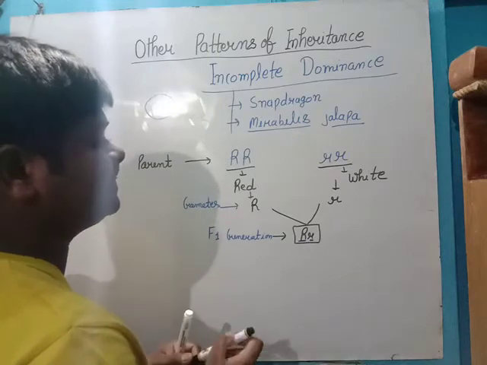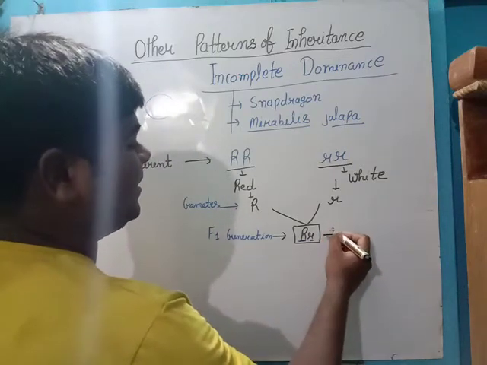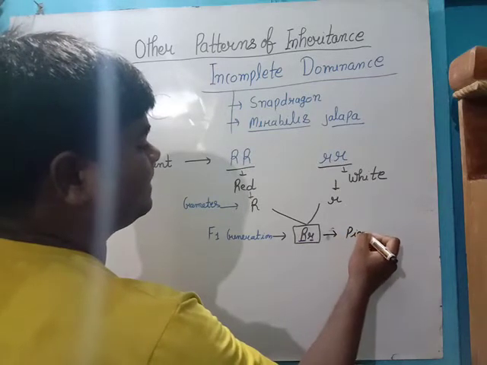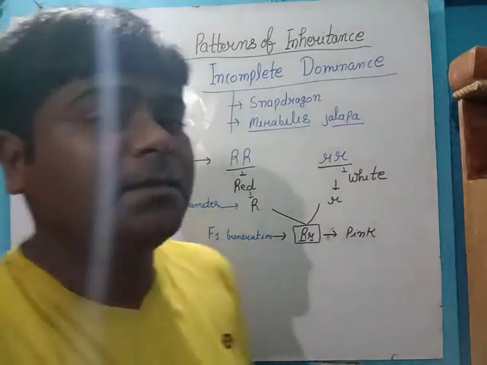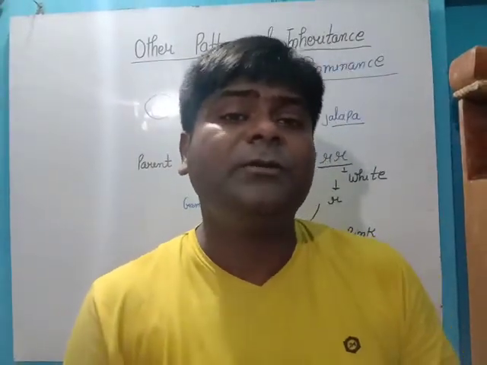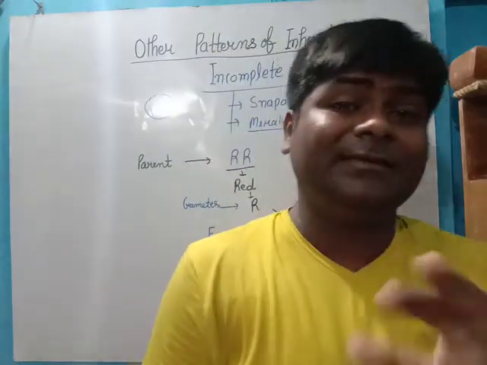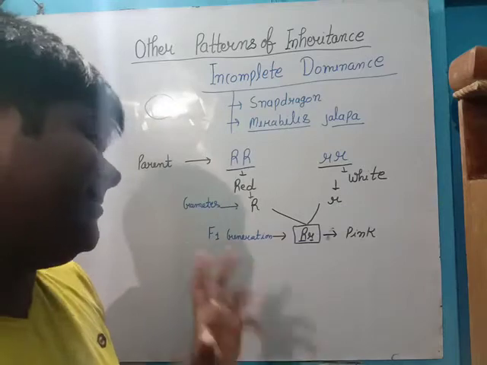What do we have here? Pink. All the flowers in F1 generation are pink, and it is not following the law of dominance. That's why we have this: incomplete dominance. What does it mean?